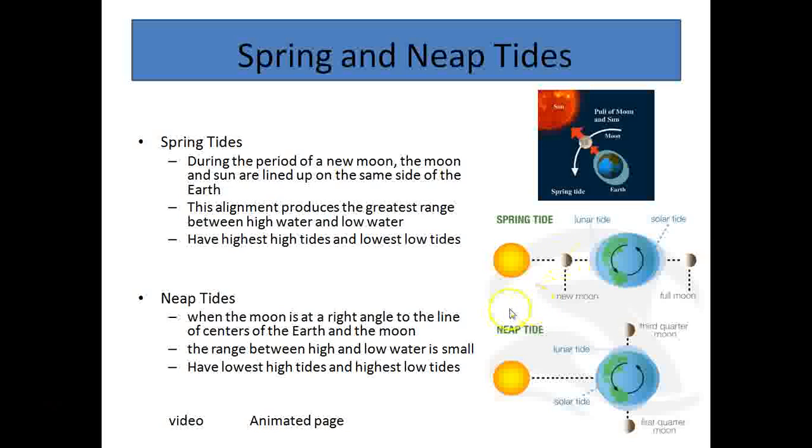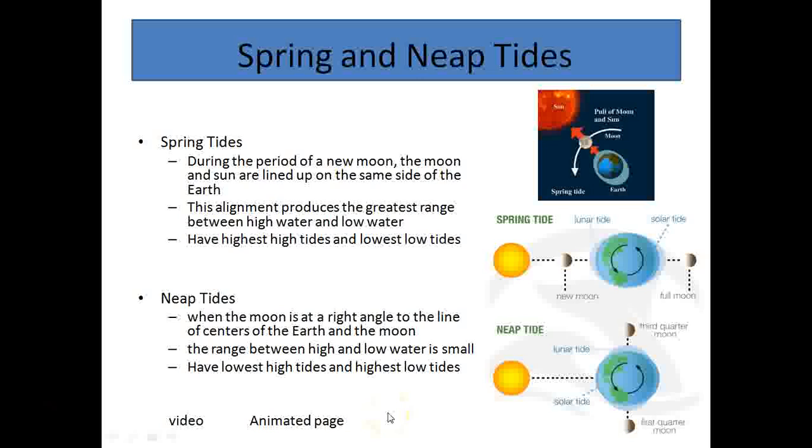So during the neap tides, it's actually when the difference between the high and the low tides is at its lowest. So that's when they have the lowest high tides and the highest low tides.